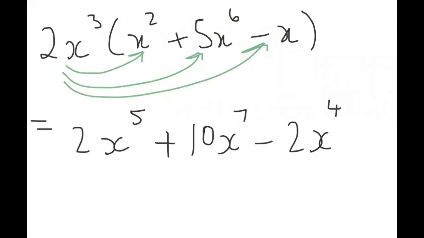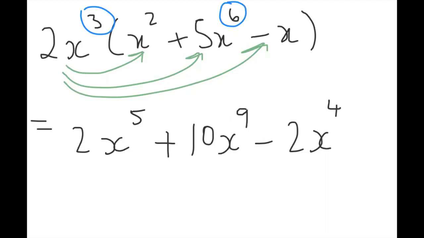I think that is confusing me. Let's just double check again. 2x^3 times x^2, yes, gives us 2x^5. This one times that gives us 2x to the power not 7, but 9. So there's a 3, there's a 6. So that 7 is wrong. That 7 should be 9. Again, very important.